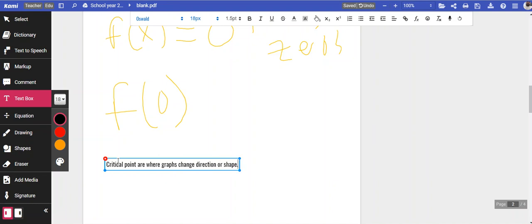So what do we mean by that? Critical points are where the graph changes direction or changes shape.